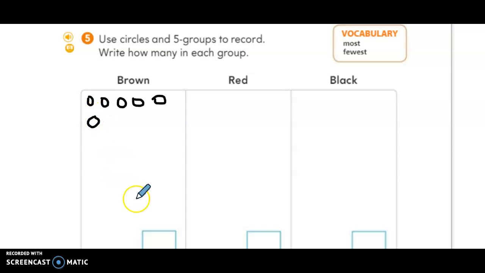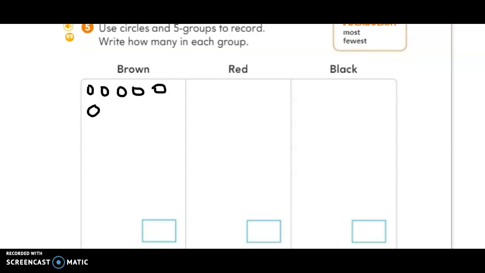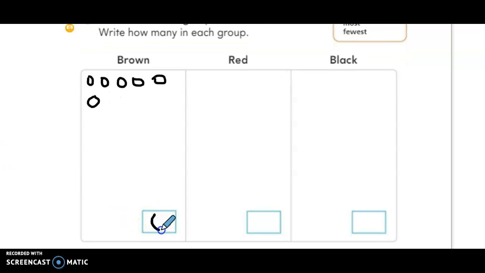Did you end up with 6 brown bugs? That's correct. Okay, how about your red bugs? Count them up. Now remember, we want to use a 5 group to record our data. And did you come up with 5?